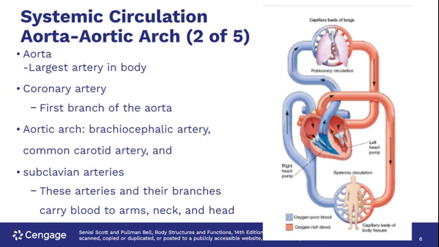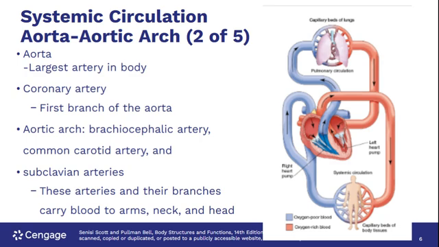And there's three branches from this arch. There's the brachiocephalic, which feeds the right subclavian of your arm and the right common carotid of your brain. Then the left common carotid, to go to your brain, and the left subclavian artery.